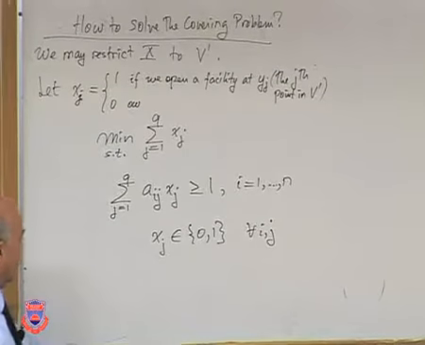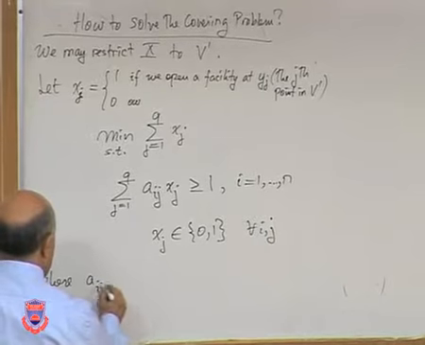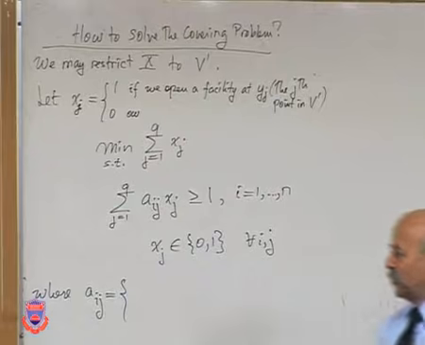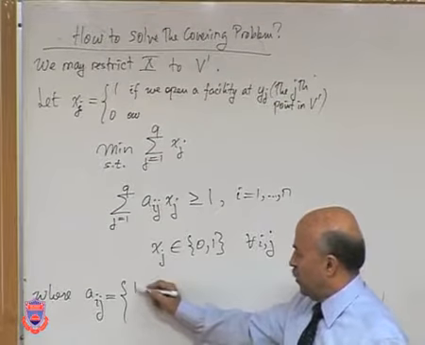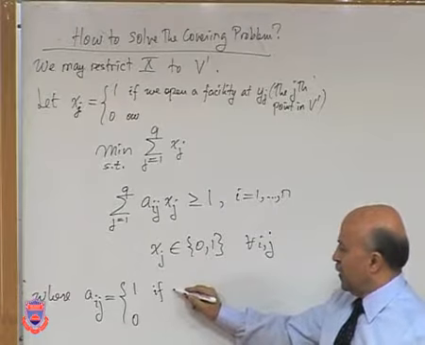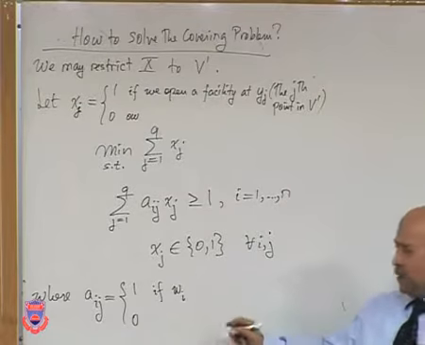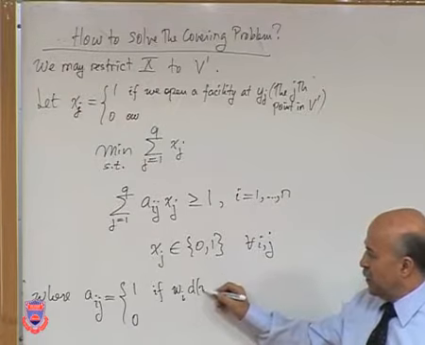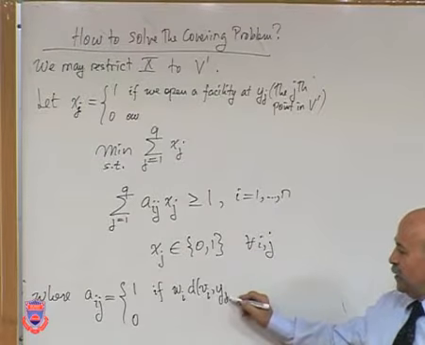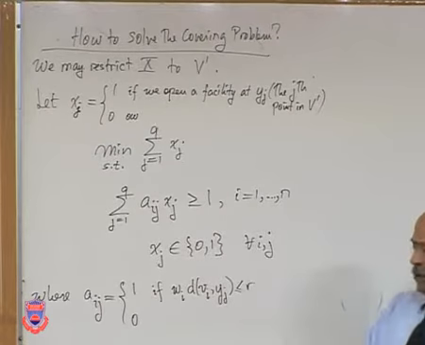Now, what is aij? aij is simple. It's a parameter to be determined a priori. It will be 1 or 0. It will be 1 if the weighted distance of vertex i to the jth candidate, yj, is less than or equal to r.